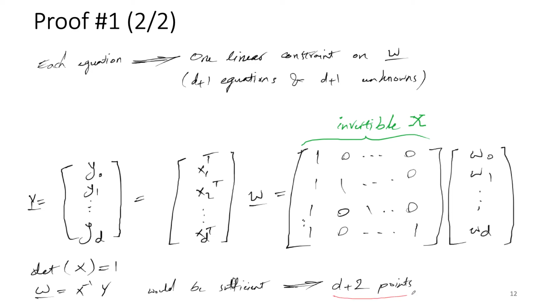So how about d+2 points on a second case? Will this argument work on the d+2 points? Now we're going to see on the proof number 2 for the second case in the next slide.